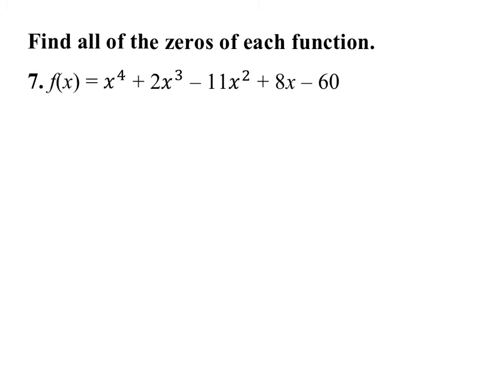Okay, for number 7, we're going to have a really long list because 60 has a lot of factors. I'm going to do just one list again because the list on the left is just 1.